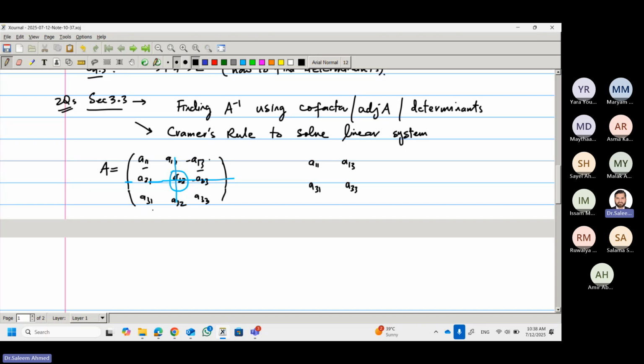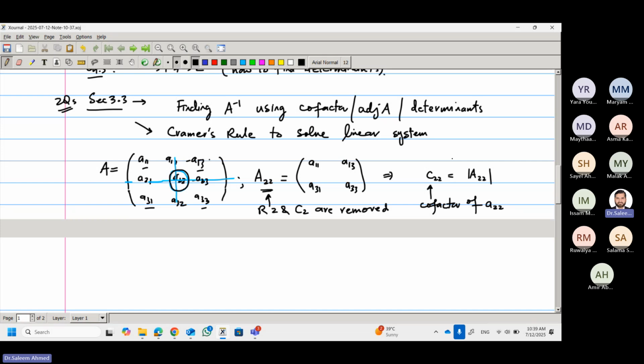So this is called a minor of a matrix, which is called M22. M22 means row 2 and column 2 are removed. And if you find the determinant of this M22, this gives you C22, which is called the cofactor of this number A22.